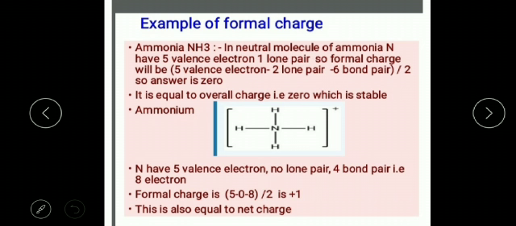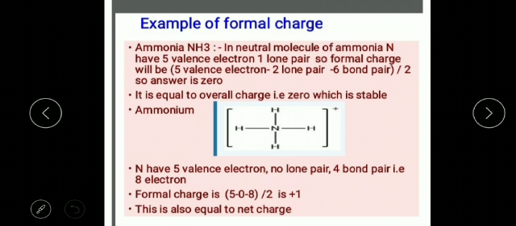So we took the example of formal charge. We took an example of ammonia, whose formula is NH3. In a neutral molecule of ammonia, the nitrogen has 5 valence electrons, one lone pair, and 3 bond pairs. So it forms 6 bonding electrons.